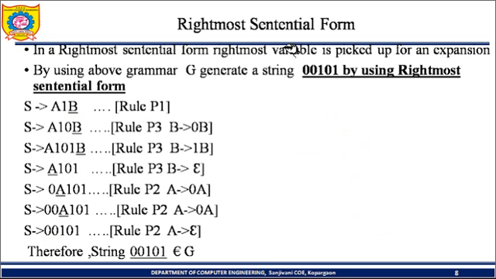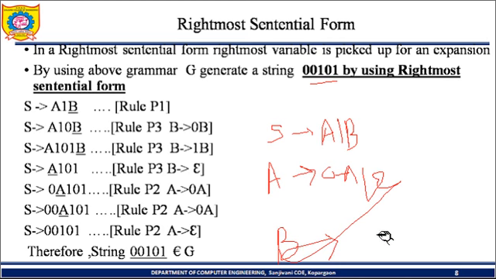S tends to A1B, A tends to 0A or epsilon, and B tends to 0B or 1B or epsilon. So these three rules are already given, and we want to generate this string, but now by using the rightmost sentential form.